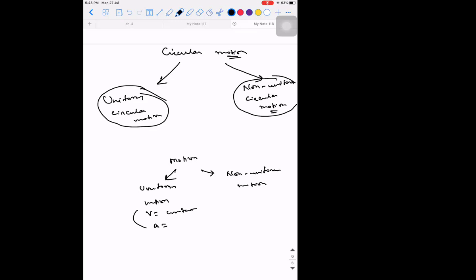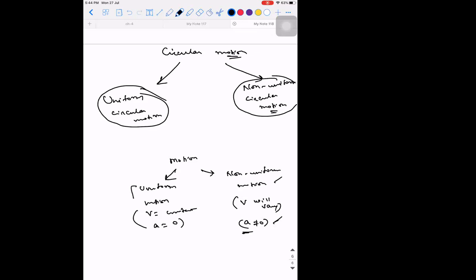If velocity is constant, the acceleration is 0. Whereas in non-uniform motion, velocity will vary and acceleration will be non-zero. Whether acceleration is constant or not, that is not our headache. When I see the word non-uniform motion, I can surely tell that acceleration is not equal to 0.